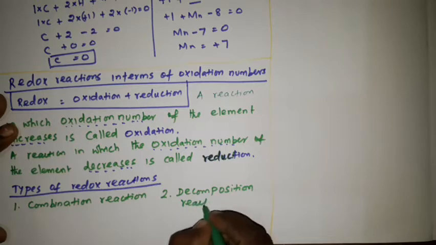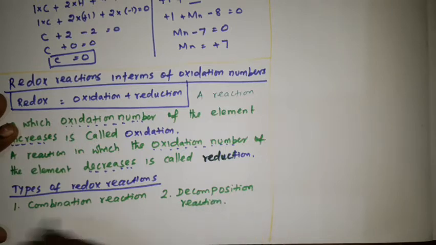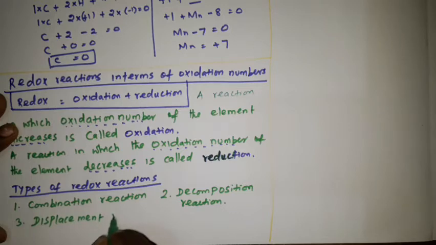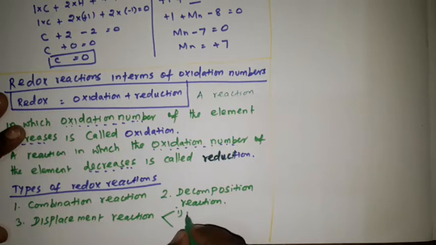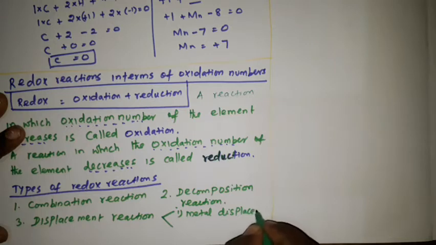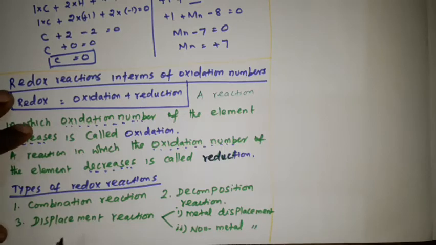There are 5 types. Third one is displacement reaction. In displacement reaction, there are 2 more types. One is metal displacement reaction. Another one is non-metal displacement reaction. Okay. So total 5 reactions.